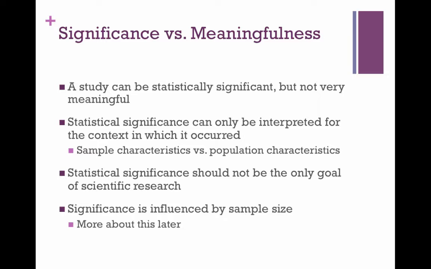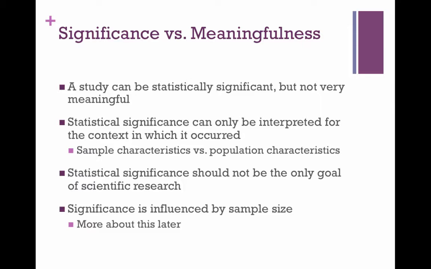Also, we can really only interpret the results of your study within the context in which it occurred. And so what I mean by this is you have to think about, does my sample look like the population? The more that my sample looks like the population and is more representative of the population, then I can make more inferences.